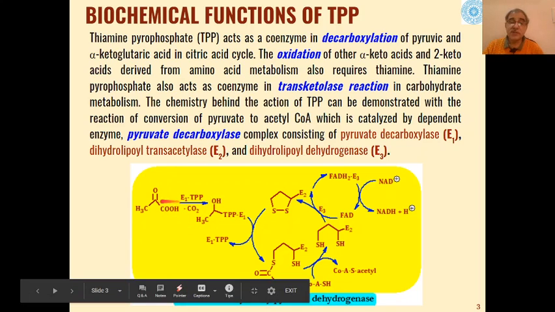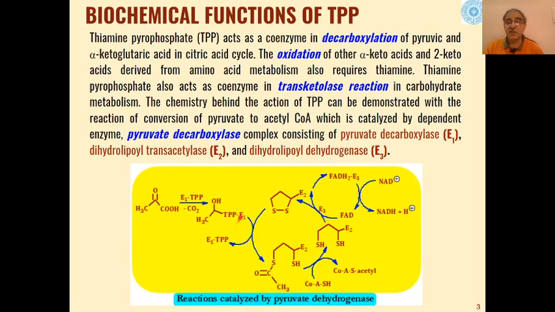this keto acid will undergo decarboxylation and we will get this type of intermediate. This will be reduced to OH and the enzyme will get attached to this substrate.